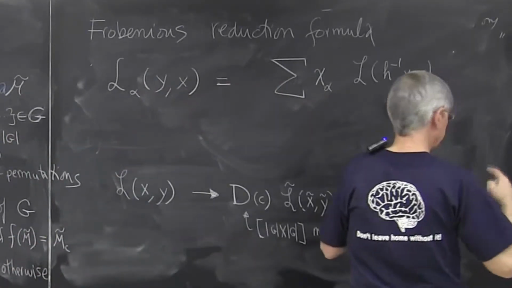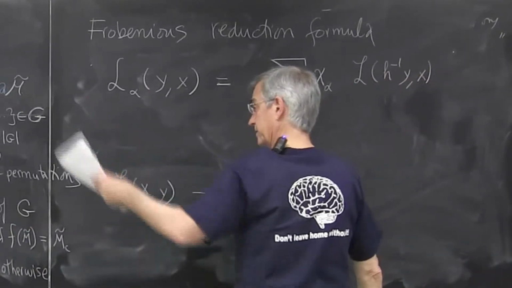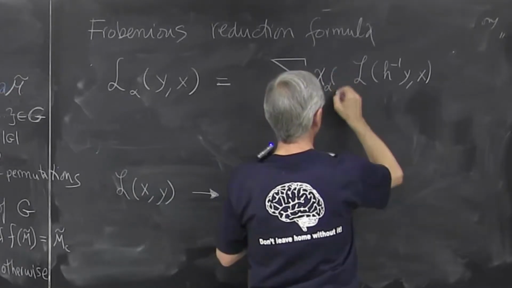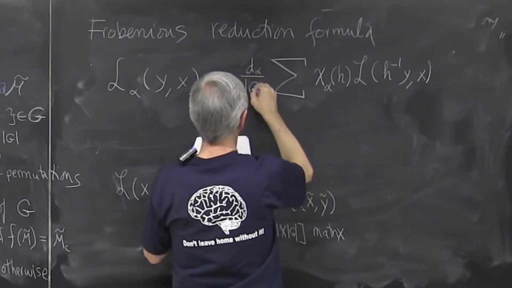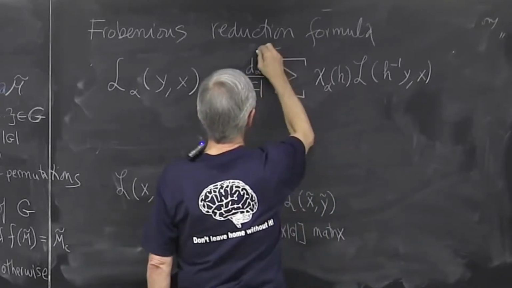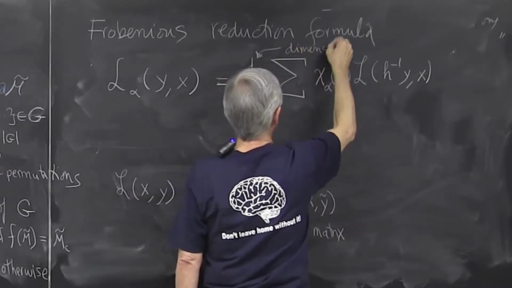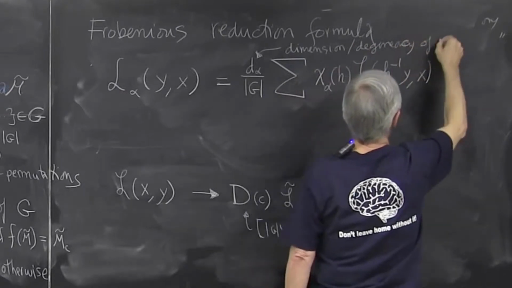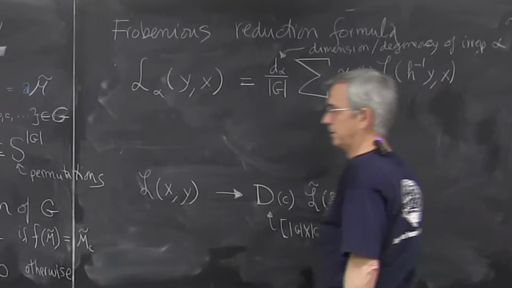So if you're on a finite circle of n elements, you will get a diagonal thing after Fourier, but Frobenius generalized this to any finite group, where this is both dimension and the degeneracy of irreducible representation alpha.